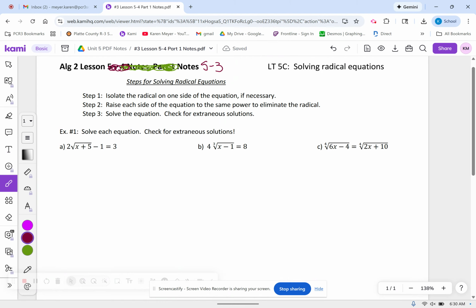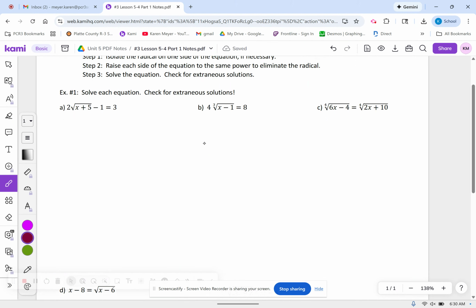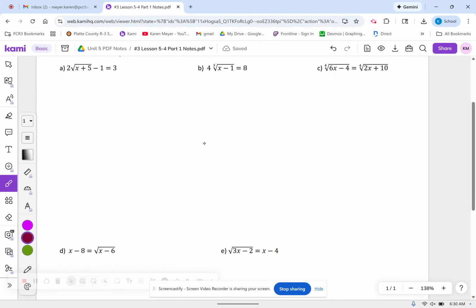Okay, so what you want to do is get the side that has the radical all by itself first. Okay, so if I look at example number 1 here, pretend like you're solving a regular equation. You always want to get rid of your adding or subtracting number first.